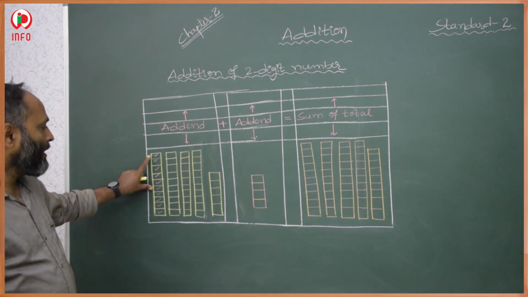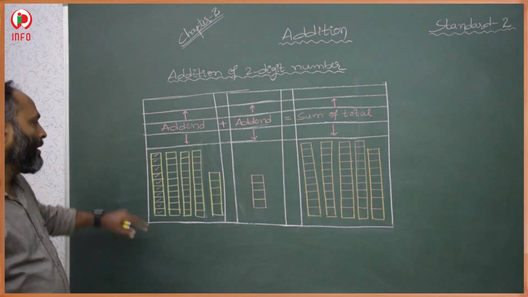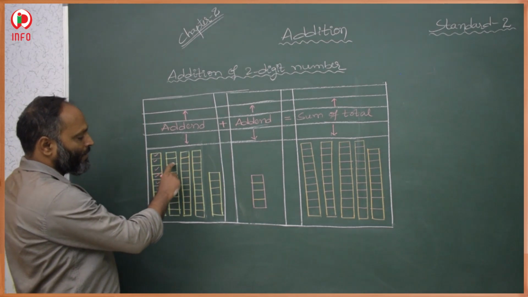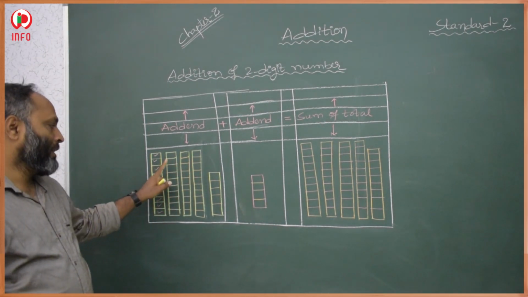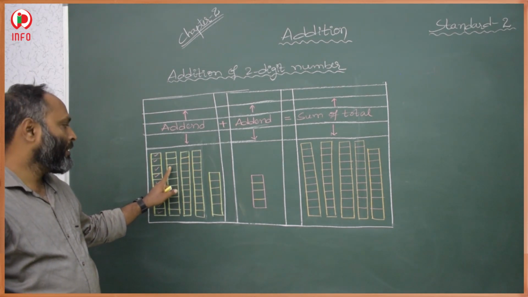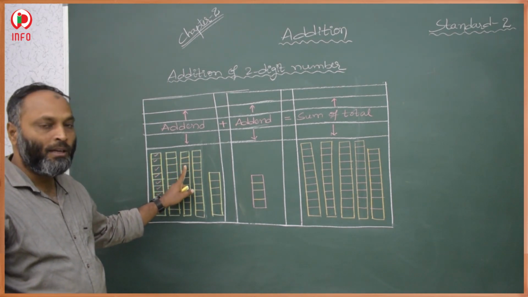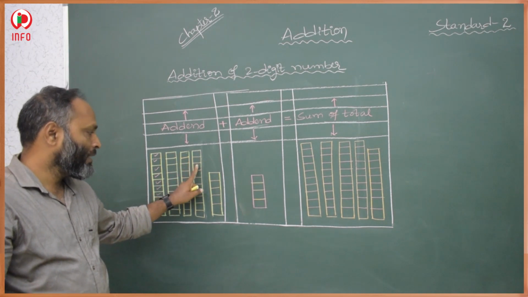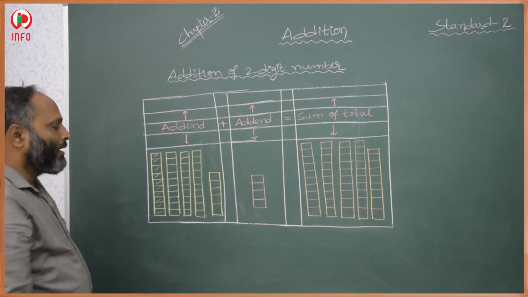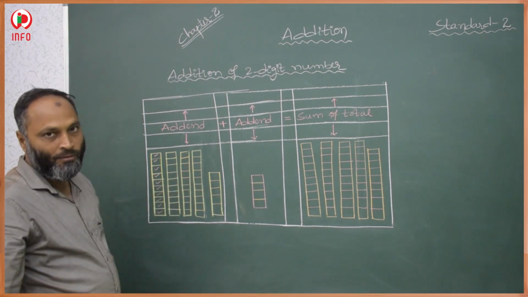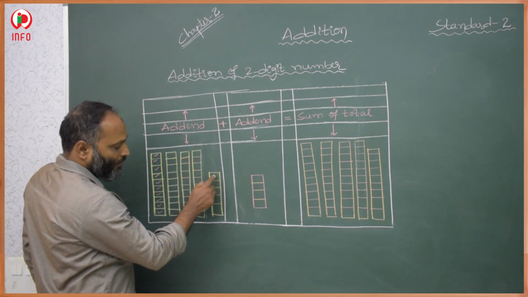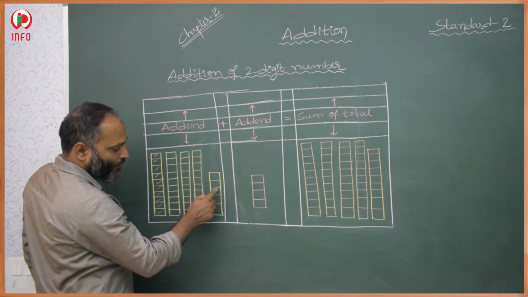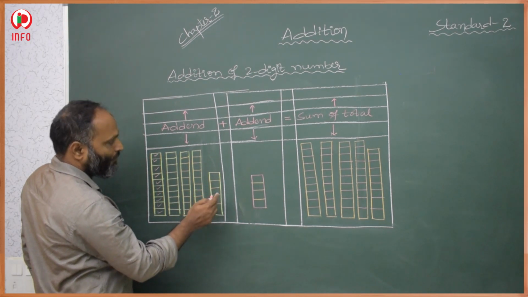Then in this also 10, in this also 10, in this also 10. Total 10 plus 10 is 20, 20 plus 10 is 30, 30 plus 10 is 40. Here the total of 4 complete blocks, 4 tens, is 40.